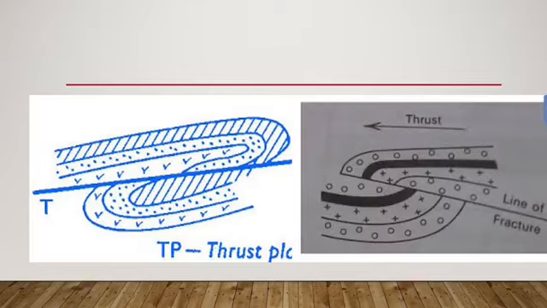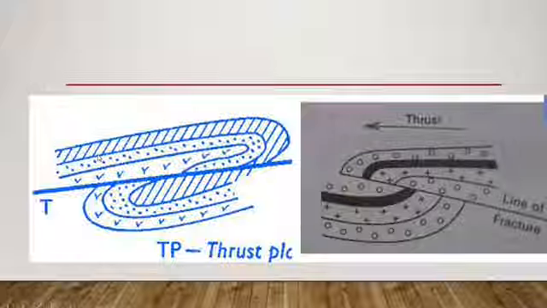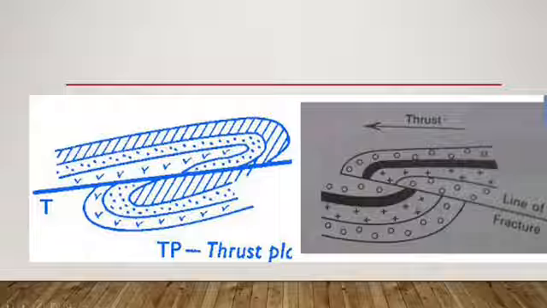And this is what we have here. So initially it was a recumbent fold. But because of continuous pressure exerted on the upper block here, it caused a crack to form over here. And once the crack was formed here, the force had not ceased. It is still in existence. So it will end up pushing the upper block over the lower block. And so it's shifted to the right side.